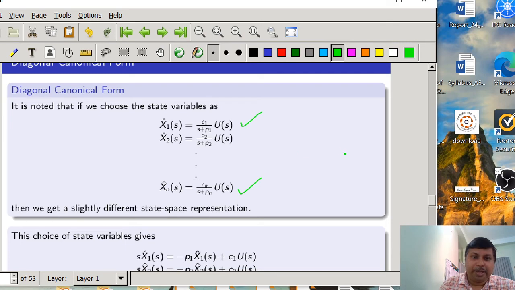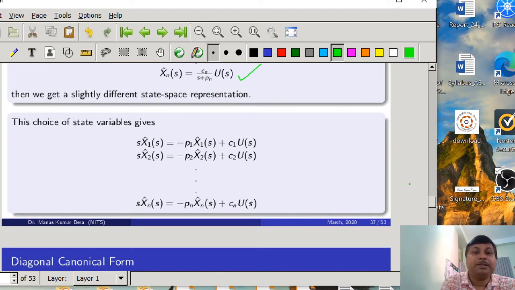Now again, by cross multiplying, we can write s into x1 hat of s equal to minus p1 x1 hat of s plus c1 into u of s. Previously this c1 appeared in the output equation, now c1, c2, cn appear as input coefficients.